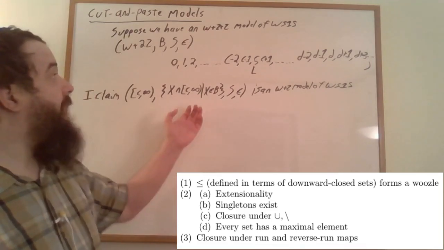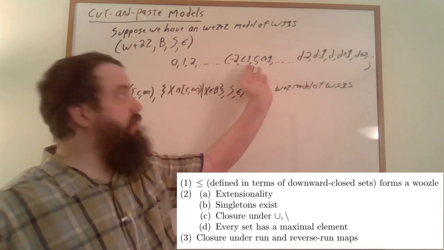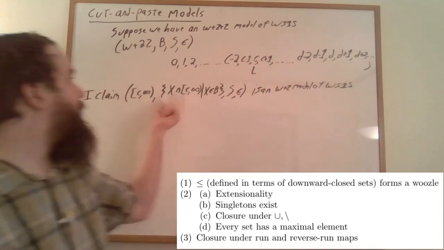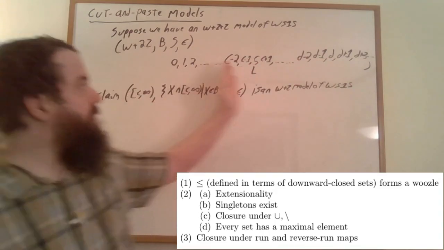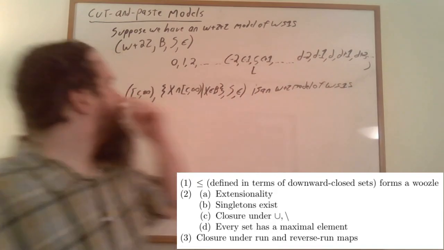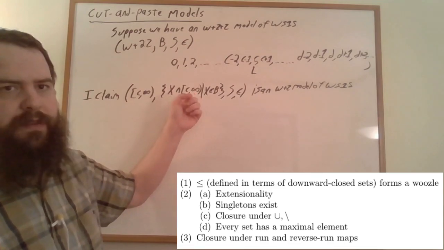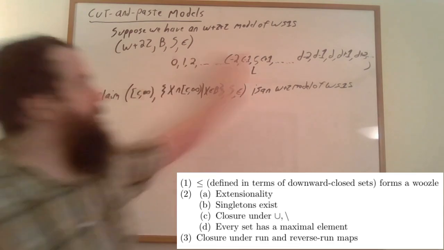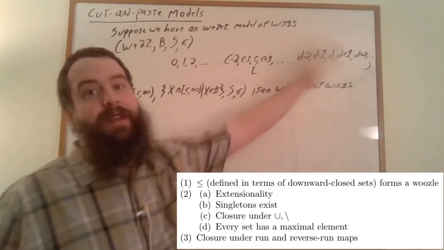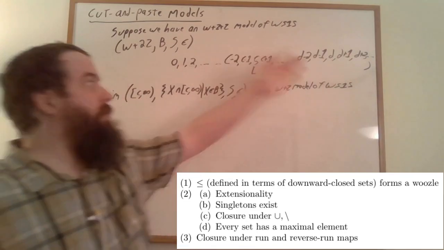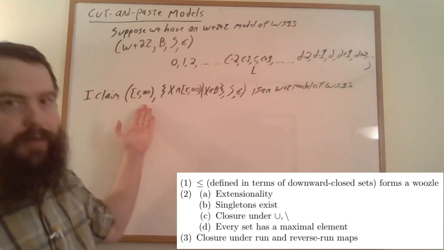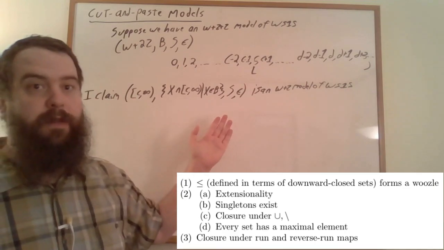Every set here has a maximum element, and that's just the maximum element of x intersected with this interval. This interval isn't in the original model, but x intersected with this interval is going to be an element of the original model, so it's going to have a largest element in this model, and of course that element is still an element in this restricted model here.